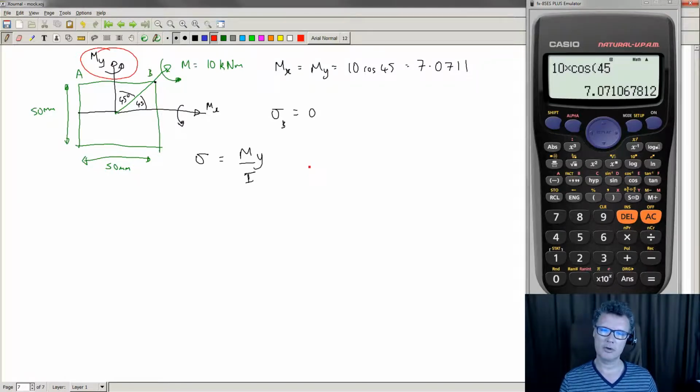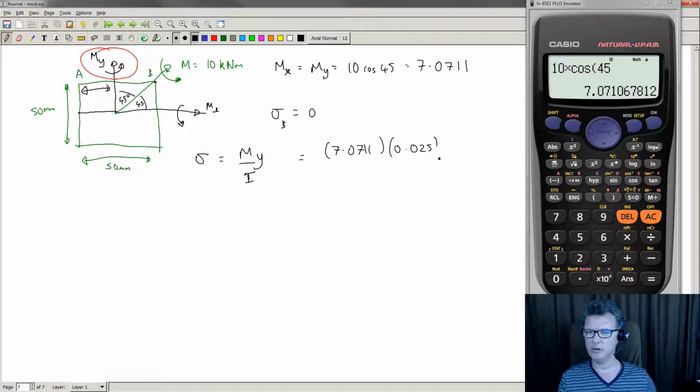Okay, so for the top one, the stress that's going to be experienced at A is going to be given as 7.0711. What's the distance from here to here? Well, that's going to be 25 millimeters, so 0.025. And what about our I?